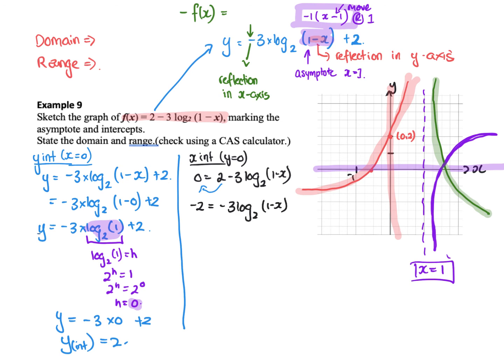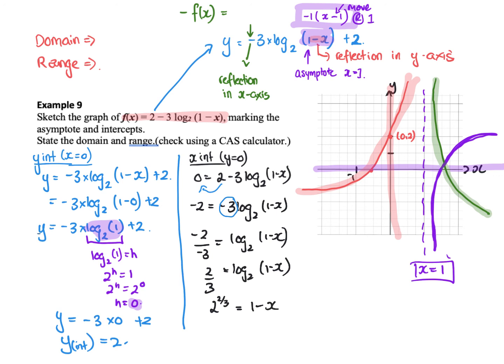Okay, now, can you see I'm going to move this -3, which is multiplying. So I move it over, I'm going to divide. So I'll have -2 divided by -3 equals log 2 of (1 minus x). So that becomes 2 over 3 positive. Now I'm going to do the log trick, yeah, where I can say 2 to the power of 2/3 equals 1 minus x.